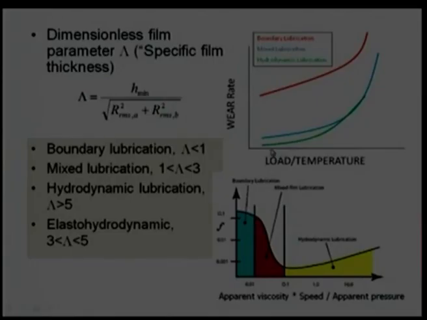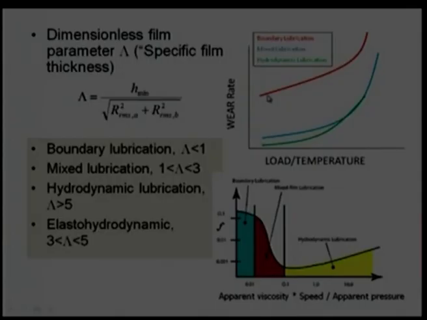So every hydrodynamic lubrication mechanism, if subjected to a higher or severe load, will turn into a mixed lubrication mechanism, or a boundary lubrication mechanism. For the same load condition, we always find the wear rate in the boundary lubrication mechanism is much higher compared to hydrodynamic and mixed lubrication mechanisms.